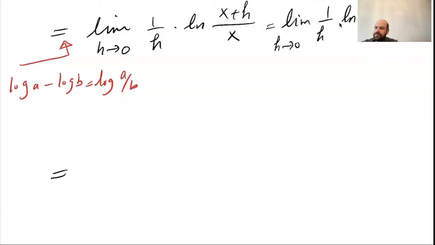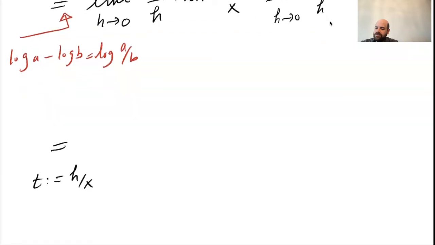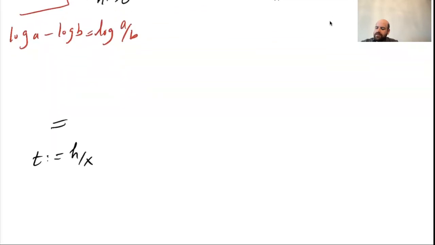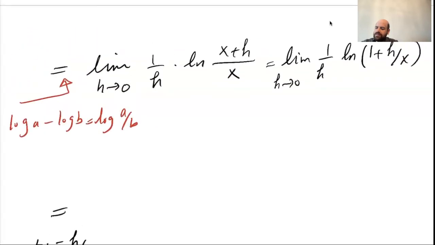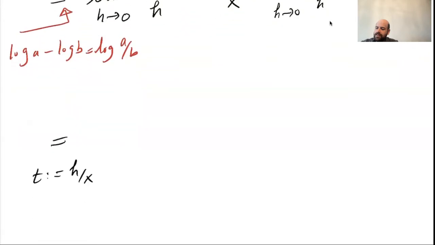So we use a substitution, t equals h over x. Then what will be the limit in terms of t? If t is h over x, h will be, we have to find h, h will be xt. So then we will have limit 1 over h, so 1 over xt.